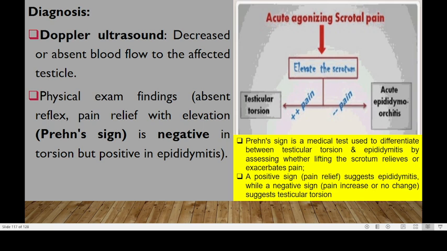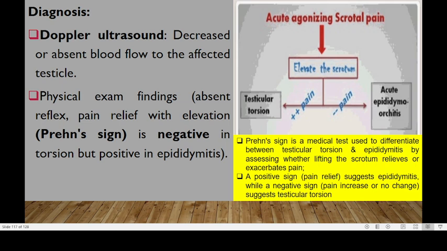But if you elevate the testis, the scrotum, and there is pain relief, that means you suspect another disease. This could be acute epididymitis or orchitis, right? So a positive sign suggests epididymitis, while a negative sign, that is pain increase or no change, suggests testicular torsion.